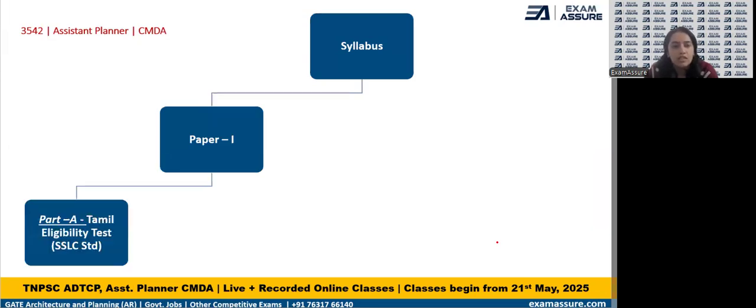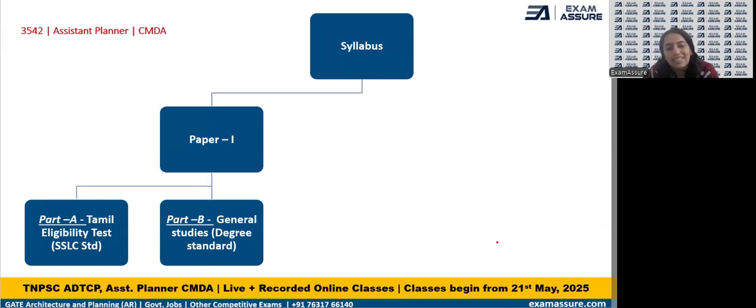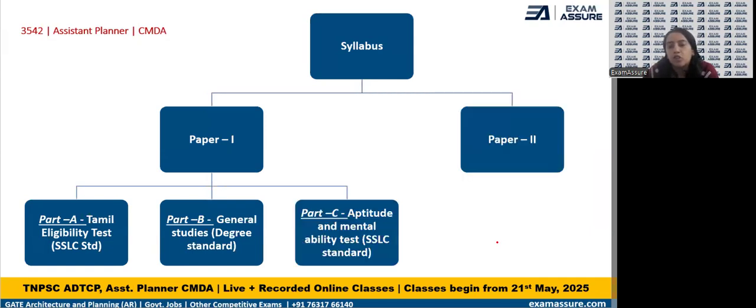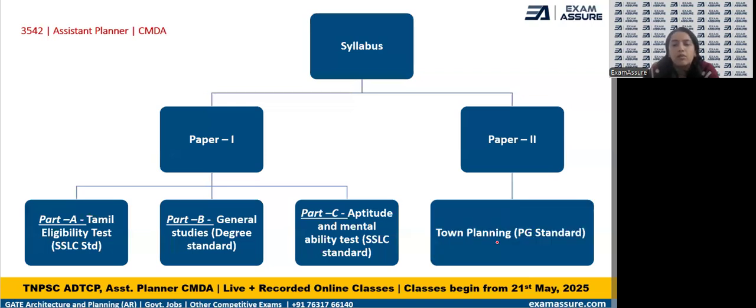Paper 1 would consist of similar criteria as that for ADTCP. Part A would be the Tamil test, Part B general studies, and Part C aptitude and mental ability. And paper 2, here in Assistant Planner, the questions would only be of town planning from a PG standard level.